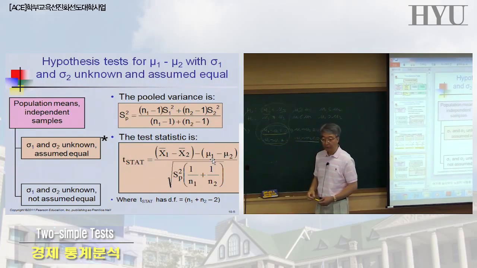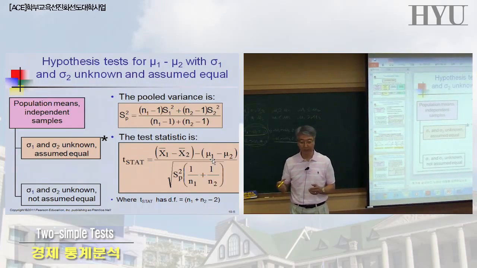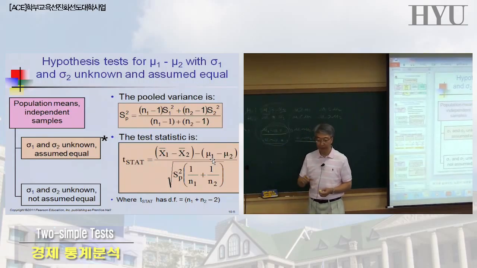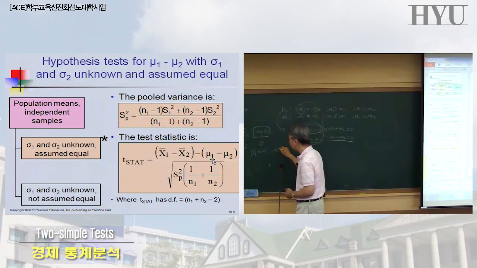But sometimes, if you have some reason, let's say you have two different processes, and from the first process the size of measurement should be, say, 4 inches. So you have reason to believe that mu1 should be 4 inches and mu2 should be 2 inches, right?